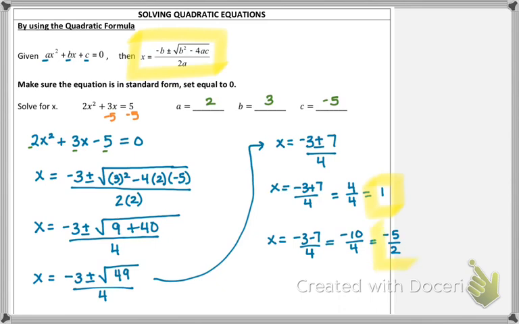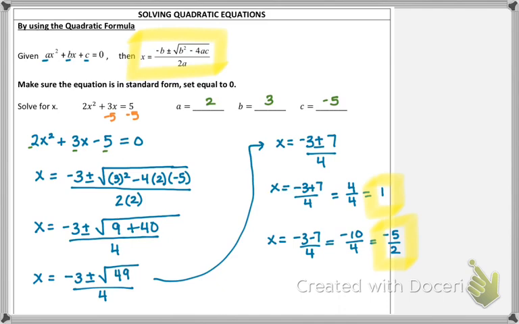So these are your two solutions for x. What x value would make that equation true? X could be 1 or x could be -5/2. And to check that, you can put it back into the equation and see if it makes it true. And if you were to graph the equation in standard form, 1 and -5/2 would be your x-intercepts. So all you're doing is finding a, b, and c and putting it into the equation and simplifying. So be very careful with your arithmetic.